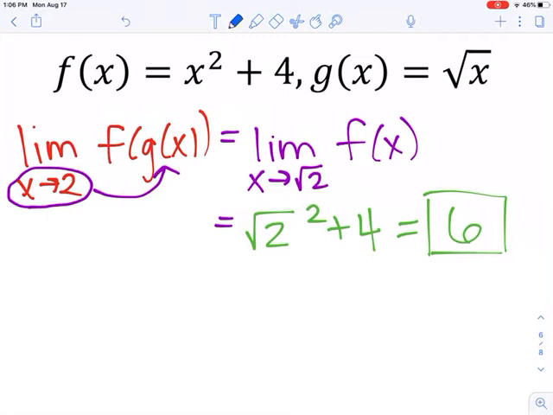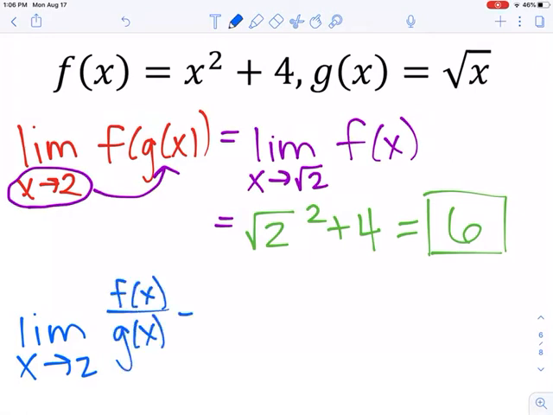Okay. In your bookwork, you'll notice some of these problems have multiple parts. Like here, I asked you for the limit of a composition. What if I asked you for the limit as x approaches 2 of f of x divided by g of x? Well, you would use direct substitution for both.